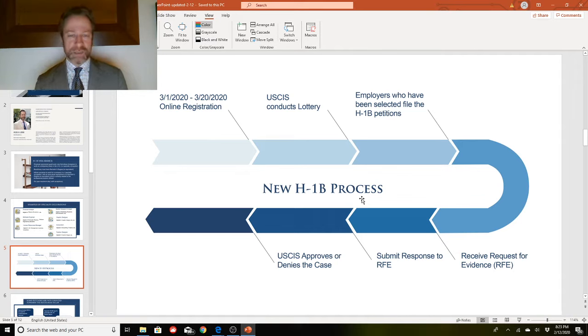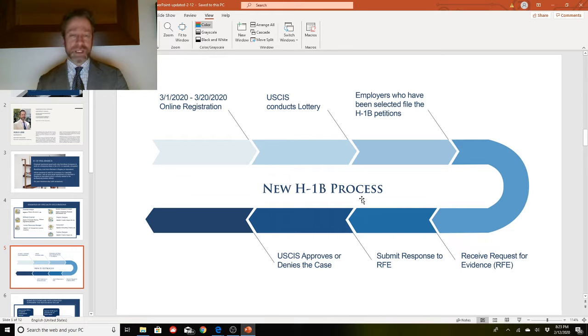Recently, because the economy is so good, and because the U.S. economy has grown, about twice as many applications are submitted as there are H-1B visas available.